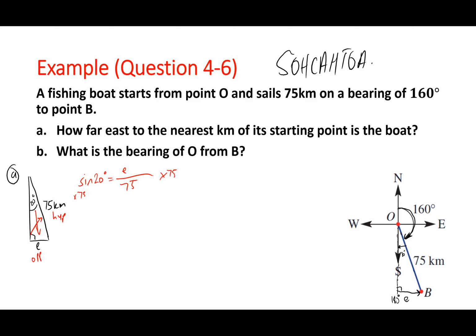Okay. So that gives us 75 times sine 20 degrees is equal to E. So E must be equal to, putting it into our calculator, 75 times sine of 20 degrees, and that is equal to 25.65 kilometers.